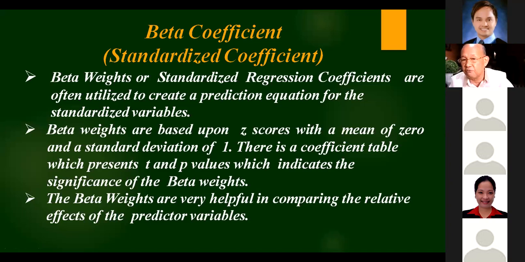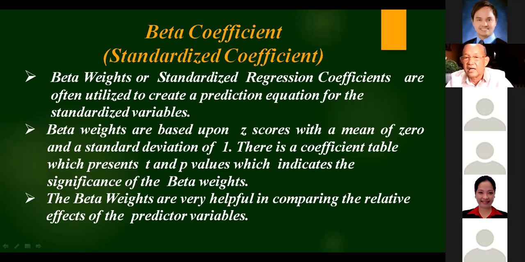Meaning, yung 15, ano ang relasyon? Most likely the 15 are also correlated, but not to a significant extent. Can you follow me? 20 ang independent variables. Results of the correlations tell you that only 5 are significantly correlated.